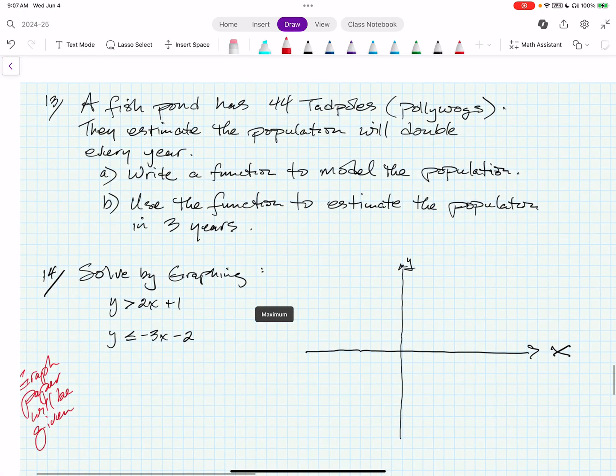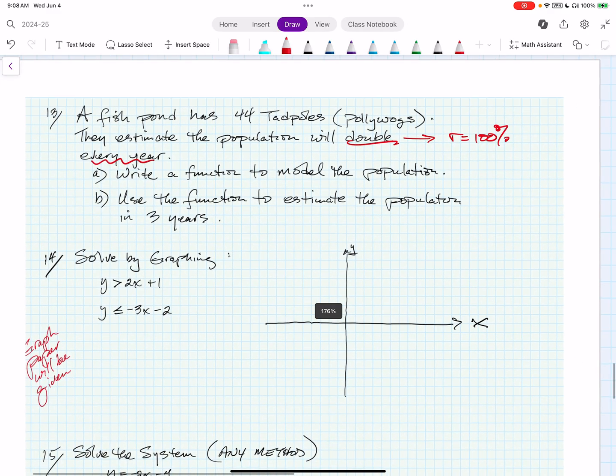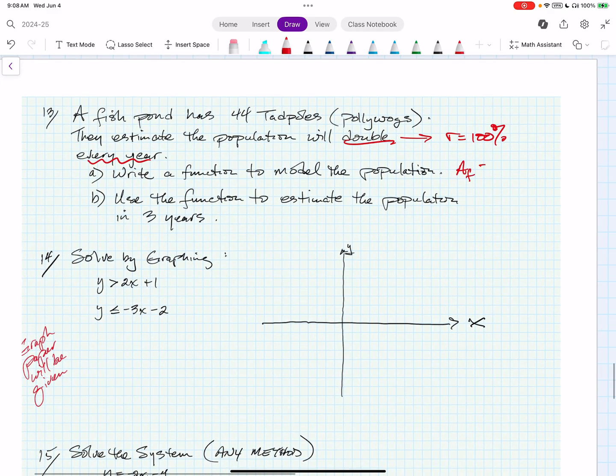Number 13, a fish pond has 44 tadpoles or polliwogs. They estimate the population will double every year. Okay, double means that you're going to have a 100% increase. So the growth rate is 100%. Because it will double, we're talking about growth, we need to write a growth function model. So the future value is equal to the initial times 1 plus r to the t power.